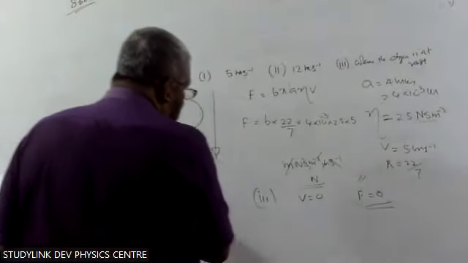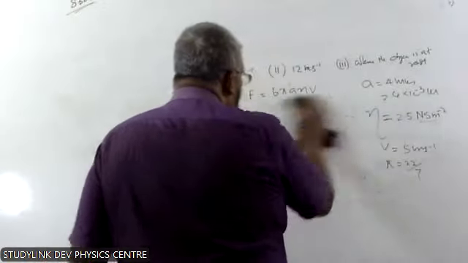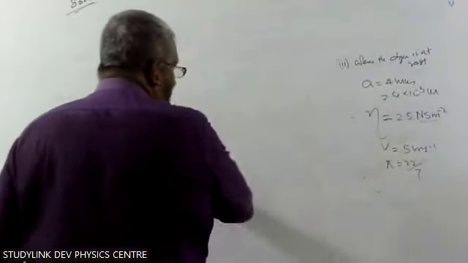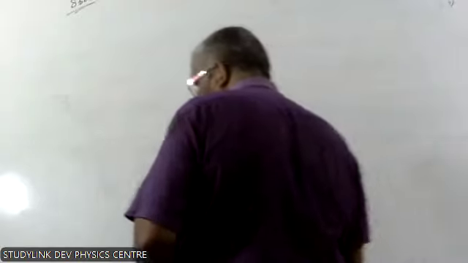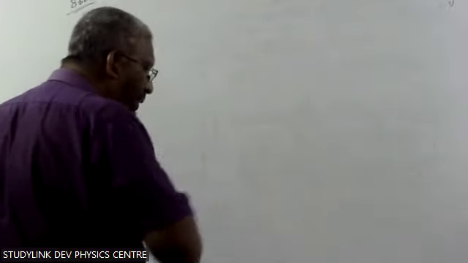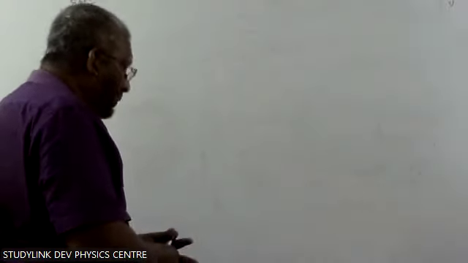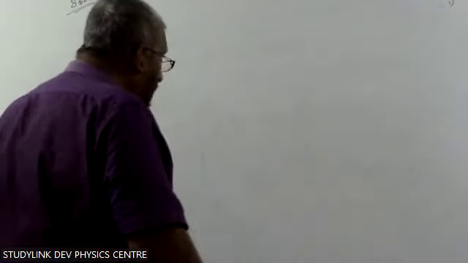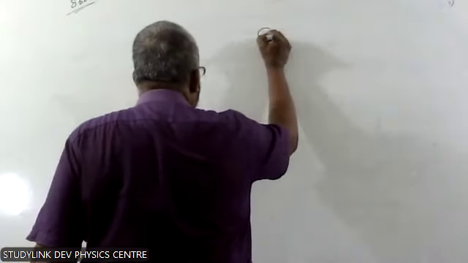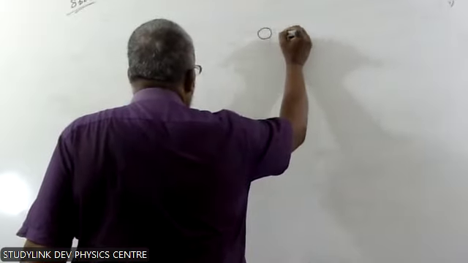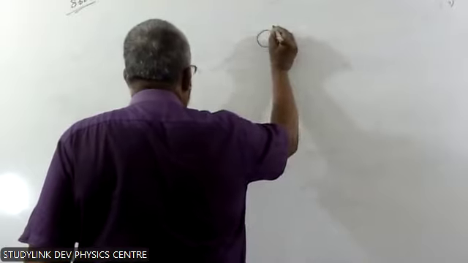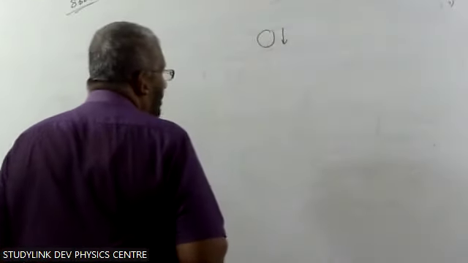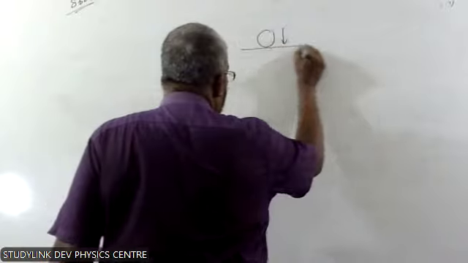Now I'll explain how we apply this further. Some situations are there. I'm going to prove another equation, but it is not a standard equation. Therefore, you can't use it at once. We'll see what it is. There are two situations. This is a sphere falling down in a liquid. But I'll draw the situations like this.